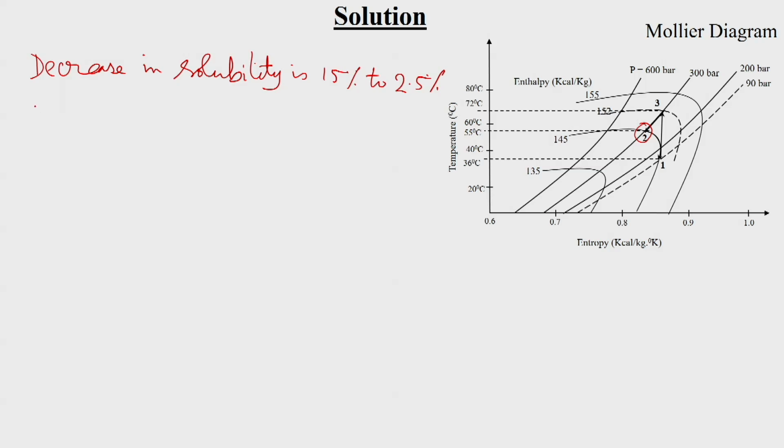So 1 kg carbon dioxide contains 0.15 kg naphthalene.